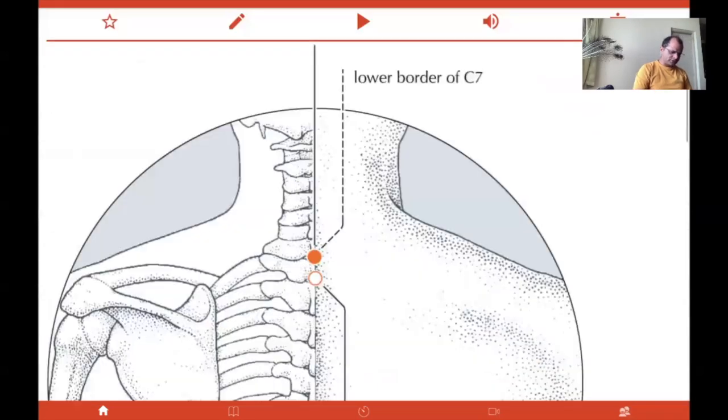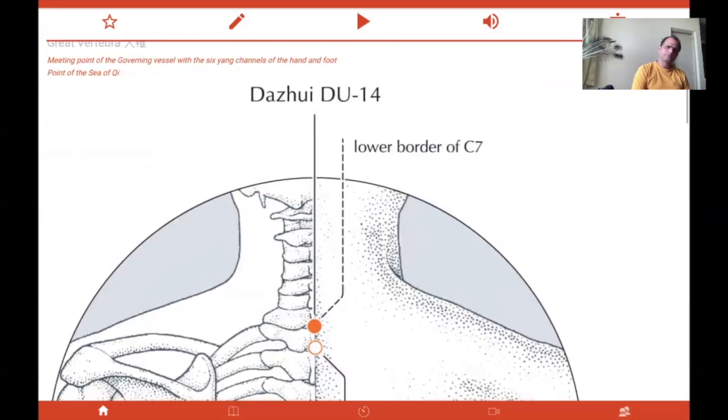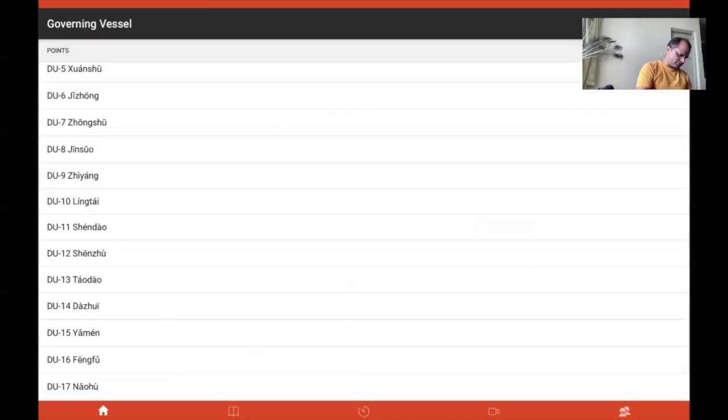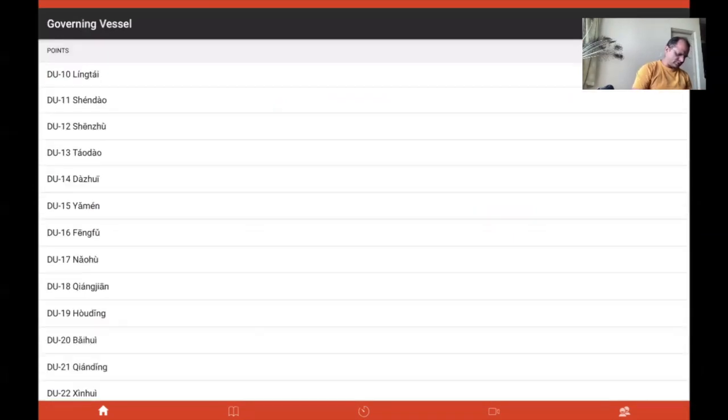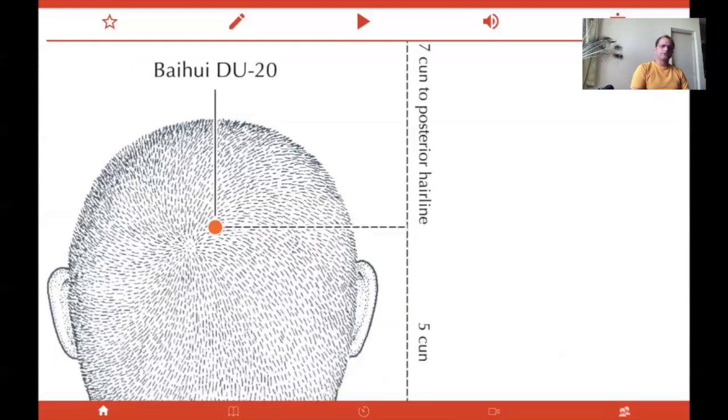This is the point below C7. It's a very important point and the local point for neck pain. In the governing vessel, we already have taken the point on the top of the head, DU20. It is also a very effective point for neck pain.